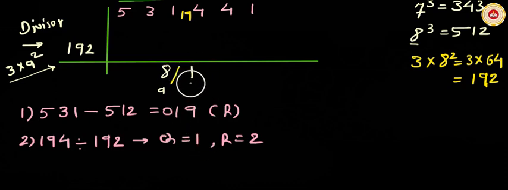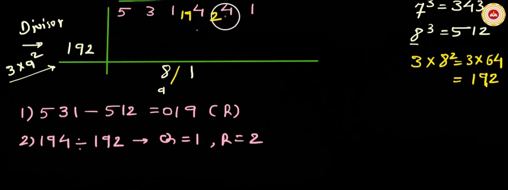This is quotient and is considered as second digit from left side of cube root. Write remainder 2 as a prefix to next digit in the given number, which is 4 here. Now read this as 24, not as 2 and 4 separately. This is 24.